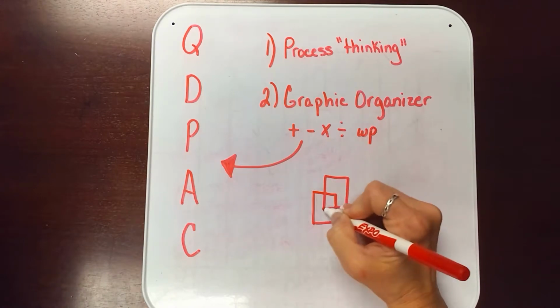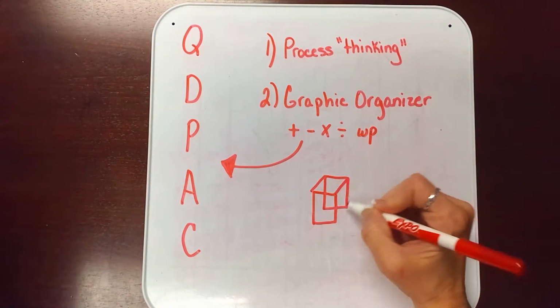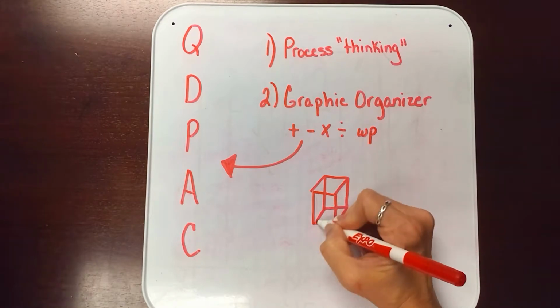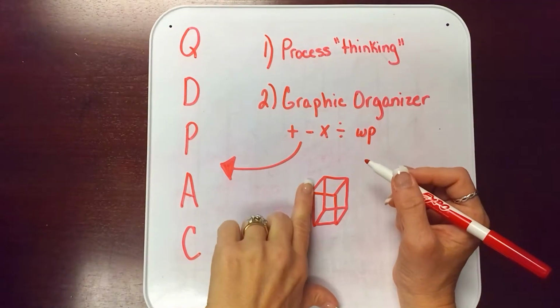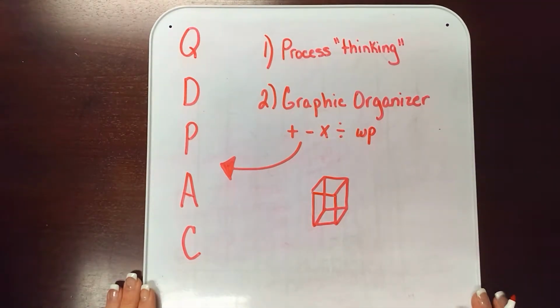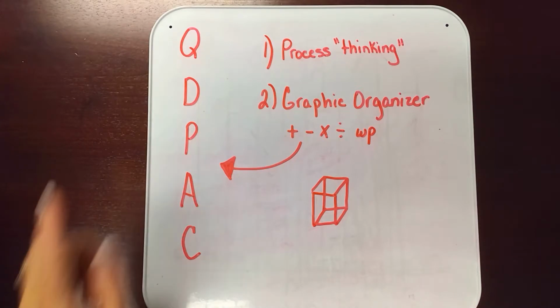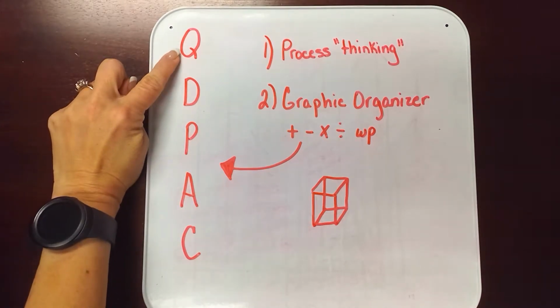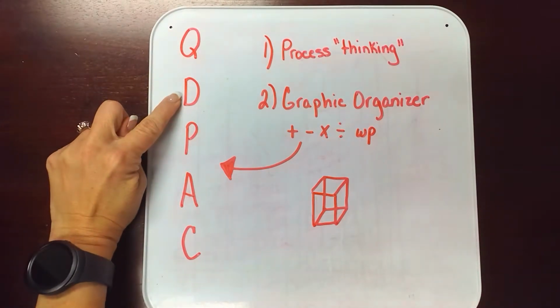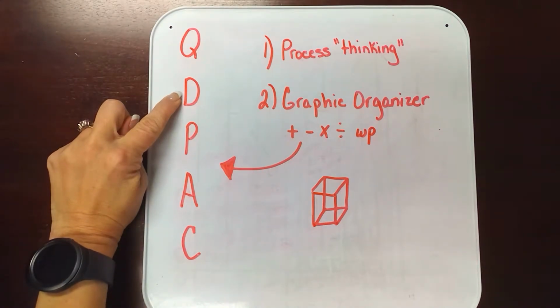Let's say that students on a test or in the classroom or on a classroom assignment are given this cube. And they are asked to find the number of vertices on a cube. Well, the students have to identify what the question's asking them. They have to determine, well, I'm trying to find the number of vertices on a cube.